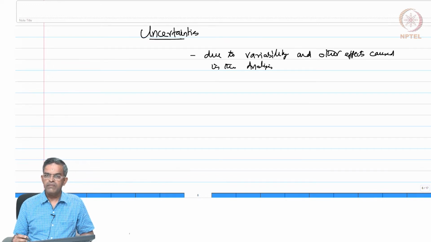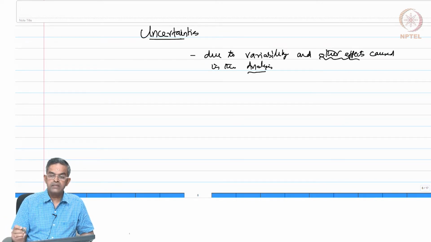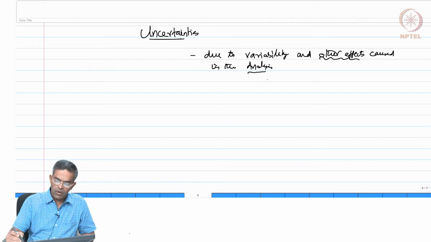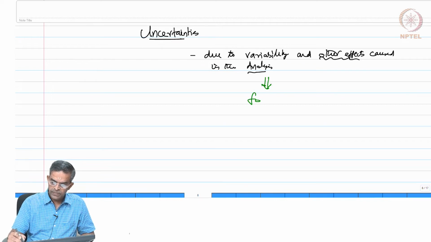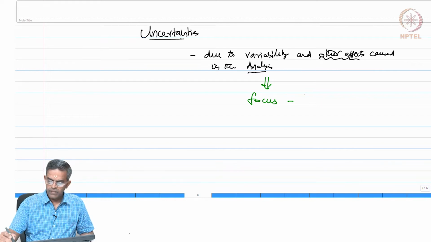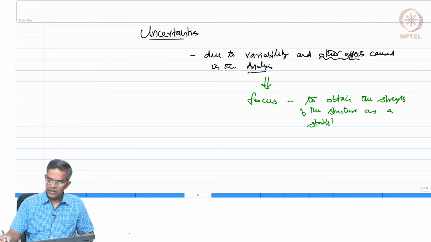So, when we have some different issues and concerns in the analysis, then what do we focus on? The focus is to obtain the strength of the structure as a statistical quantity. That is a very interesting statement we make here.